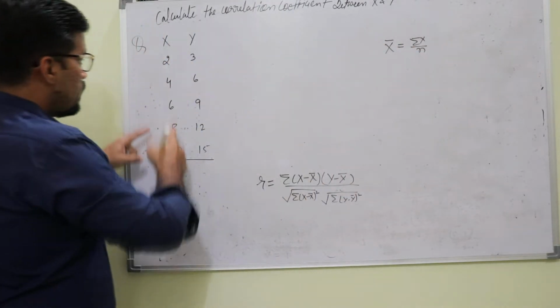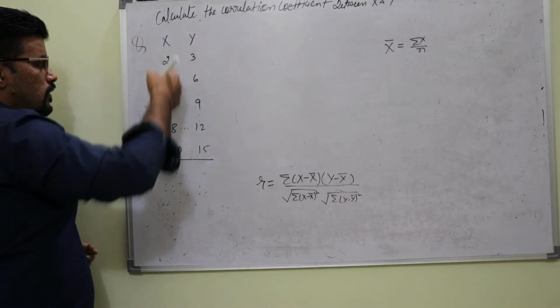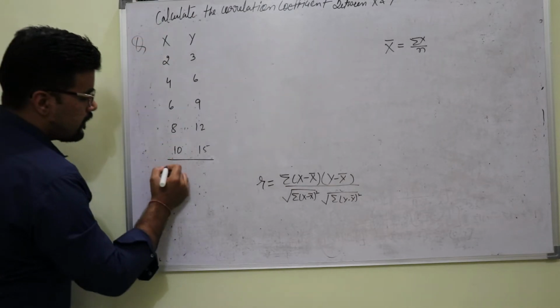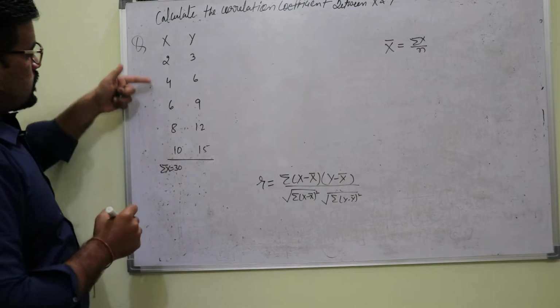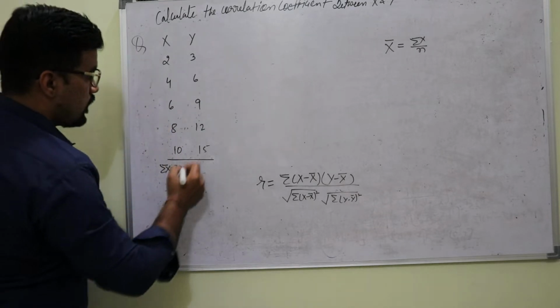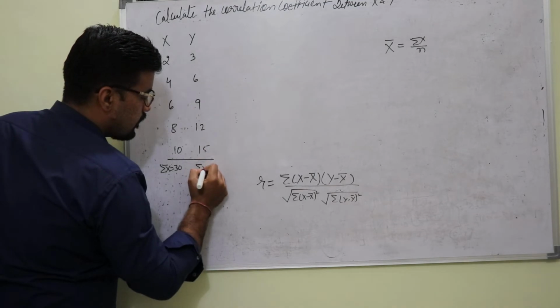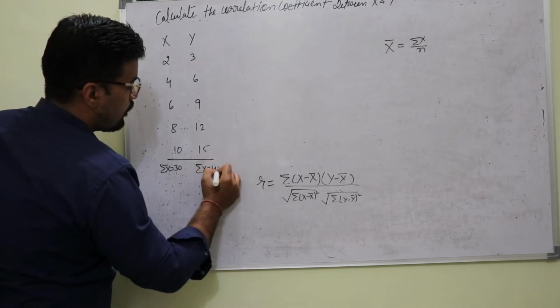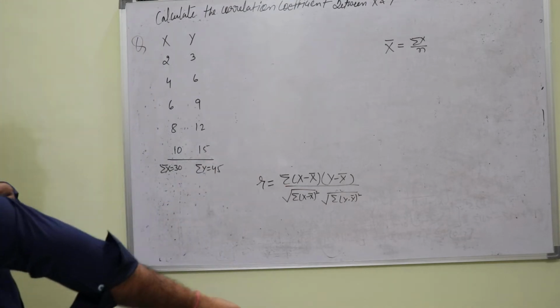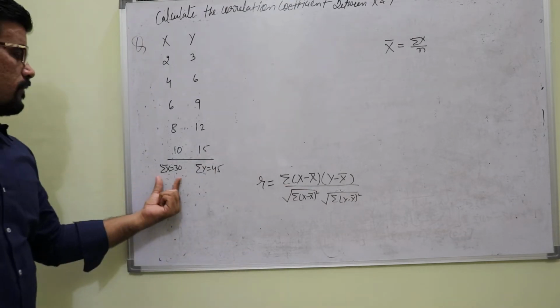So sigma x is what? Total of this x. So when we add all these, we'll get sigma x is equal to 30. You can check. Then sigma y is 45. Right? So we have got sigma x and sigma y.